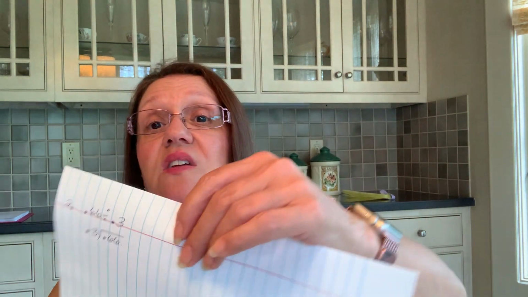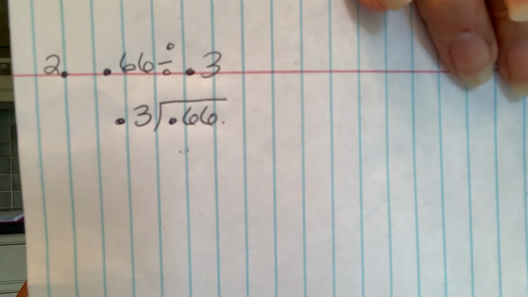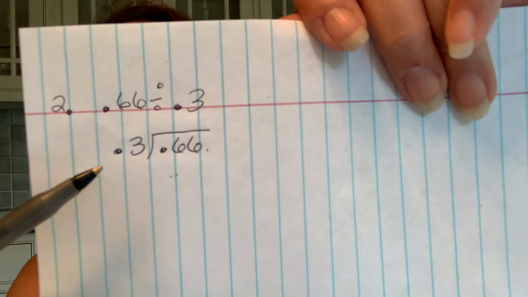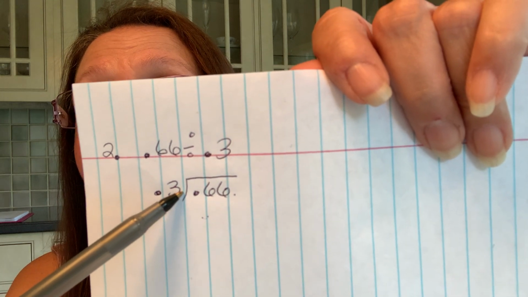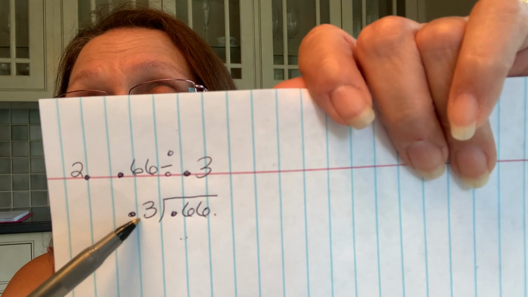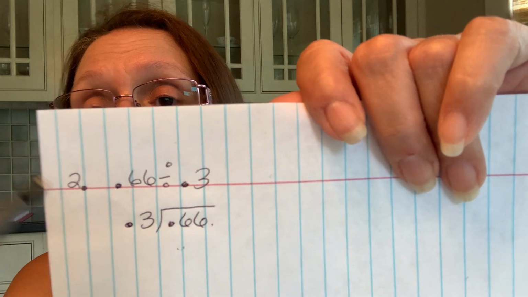So first thing I'm gonna do, and I'm gonna do this in several steps, and some of you may think, well, my goodness, she sure does a lot of steps. Yeah, I do, because it's much easier for me that way. So that's what my question looks like now. Now my second step is I gotta get rid of that. What am I gonna do? I'm gonna move it one spot. If I move it one spot in my divisor, I have to do the same in my dividend.